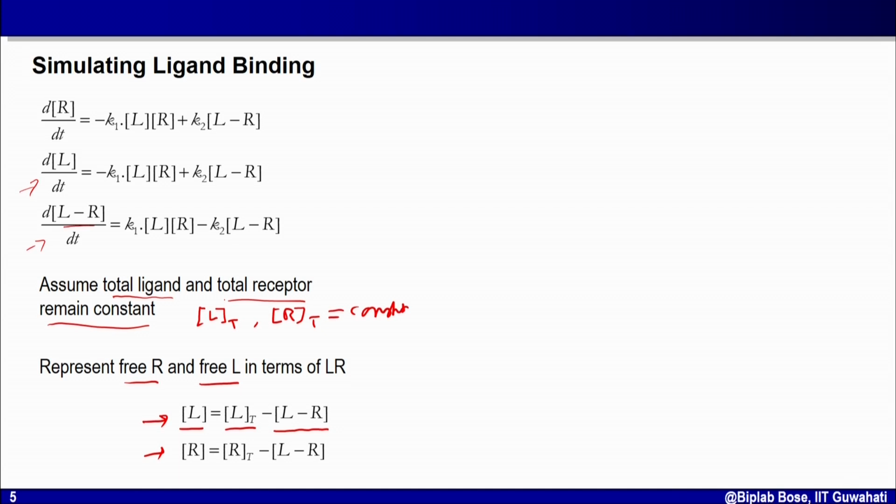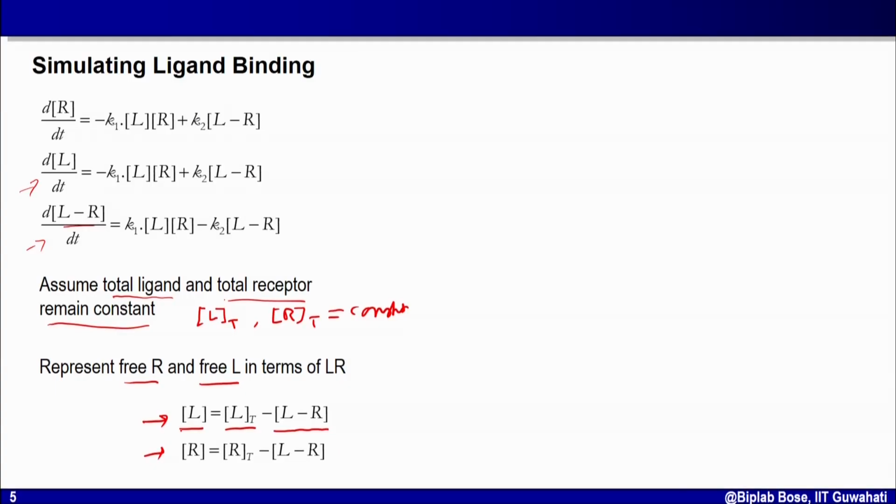So the concentration of the complex should be deducted from the total concentration of the ligand. That will give me the concentration of free ligand. Similarly, the concentration of free receptor should be equal to the total receptor concentration minus the concentration of the complex, because that complex also has receptor in it.